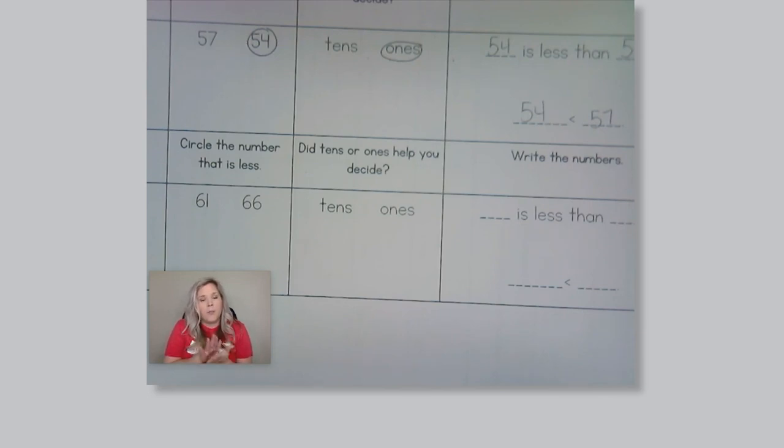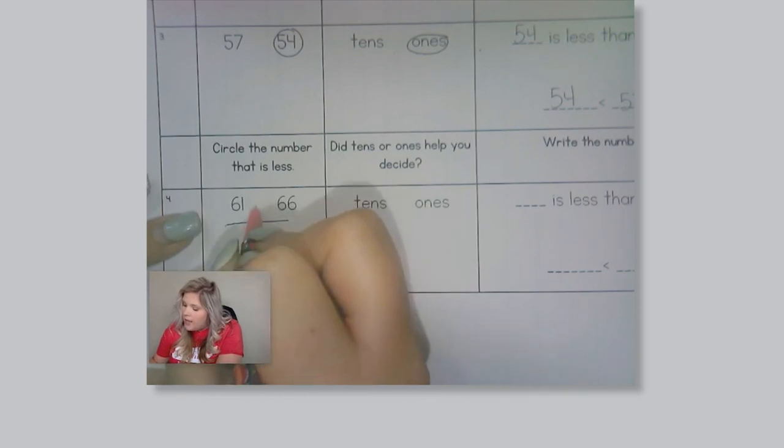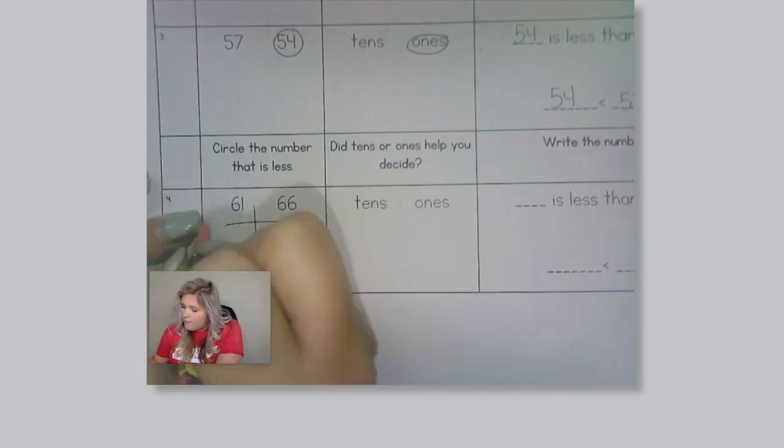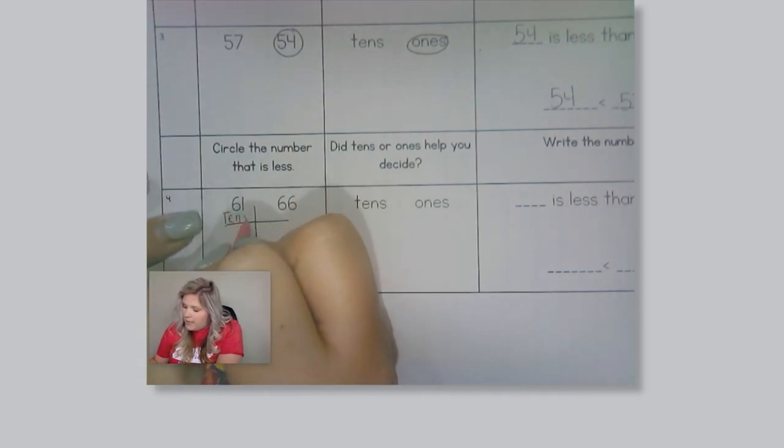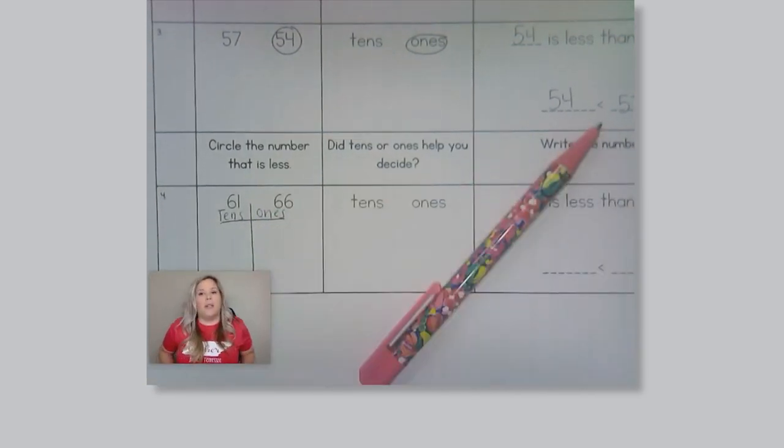You're going to want to flip your paper over and draw that place value chart, which remember is a horizontal line across, a vertical line down the middle, and label tens and ones. I'm going to give you a minute to do this.